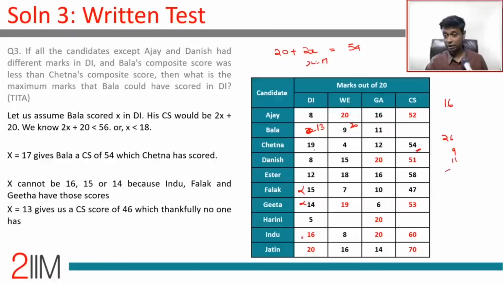Plus 9 plus 11, 46 as an overall composite score. Nobody else has 46. Harini could have something different. Nobody has got 13. The overall score will be less than Chetna's. So 13 is possible. 13 is our best case scenario.